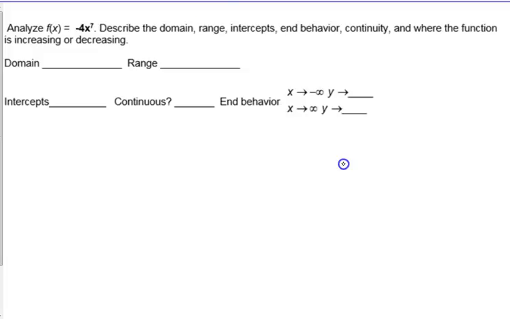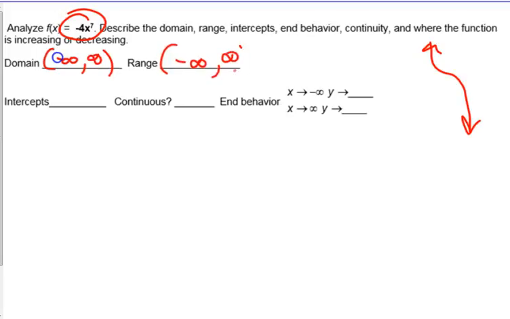All right, this is an easy one. You shouldn't need to graph it, but you have your calculator if you need to. A negative x to the 7th would be this shape, yes? So domain, quick. Range. Intercepts. Continuous.